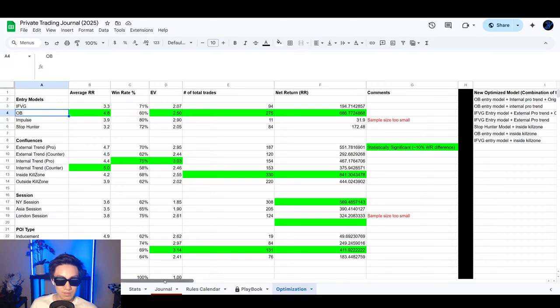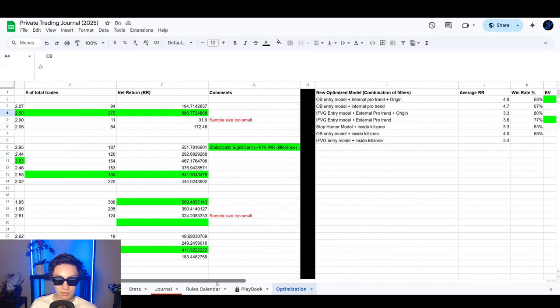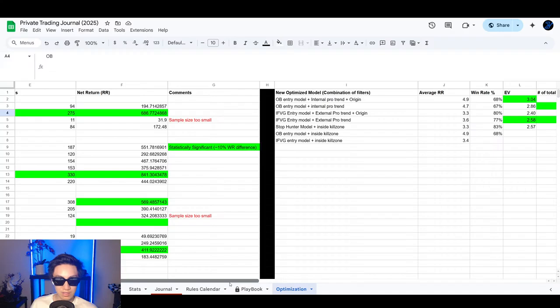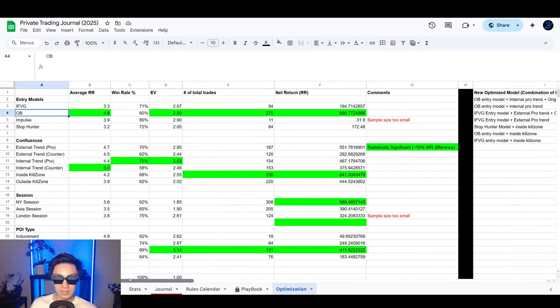What does this mean? This means clearly that when we take the OB entry model that I teach you guys in the course, outside kill zones that I specified to you guys, your win rate is going to decrease from 68% to 60%.